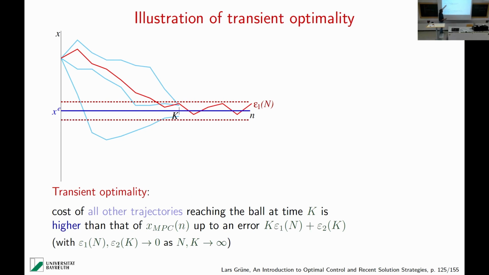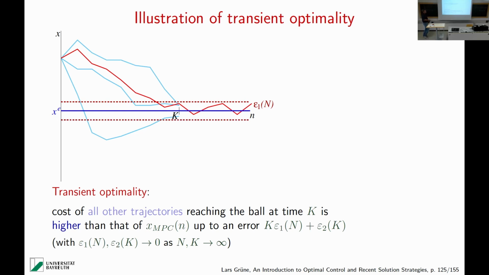So model predictive control will give you, among all trajectories that go here, the cheapest one up to some error term that again goes to 0 if you let n go to infinity. There's also a term depending on k here, but if you look at relative errors, this would vanish. This is for the absolute errors, nothing to really worry about. So this is the transient optimality.